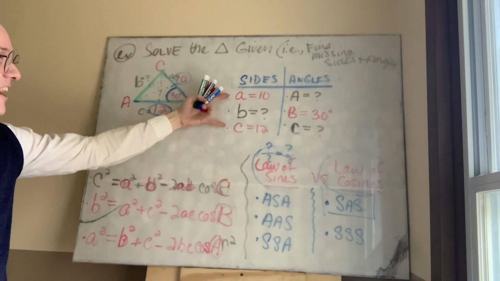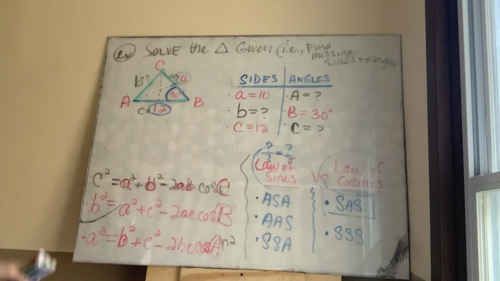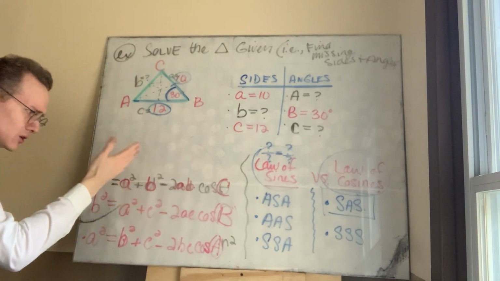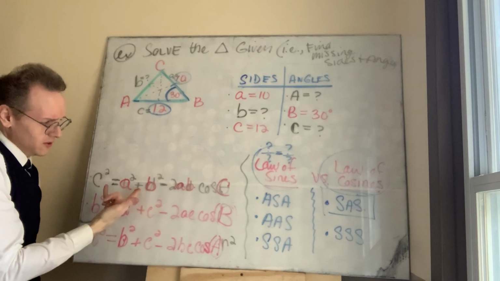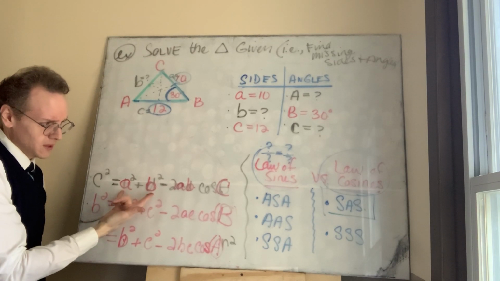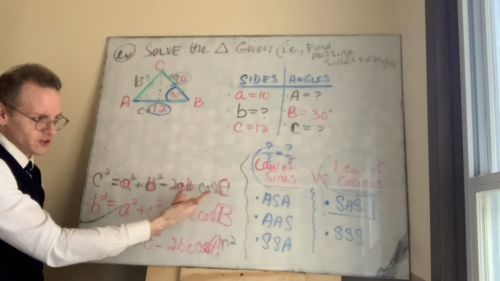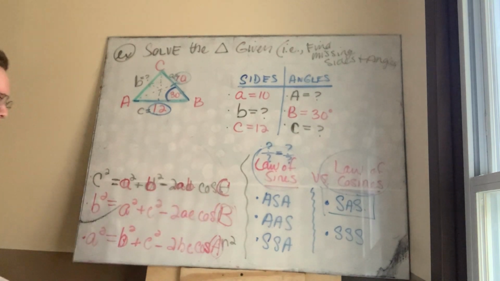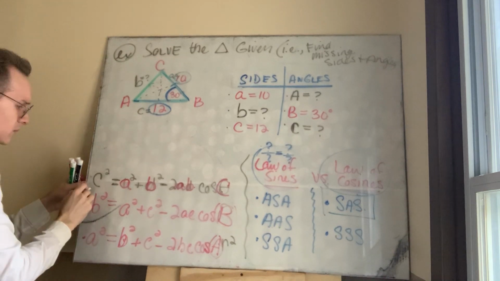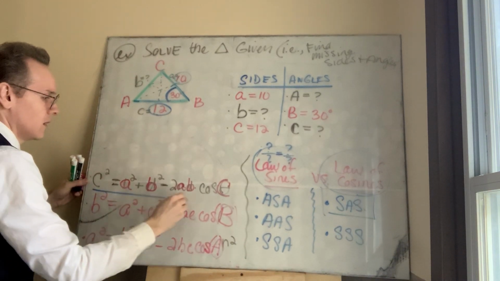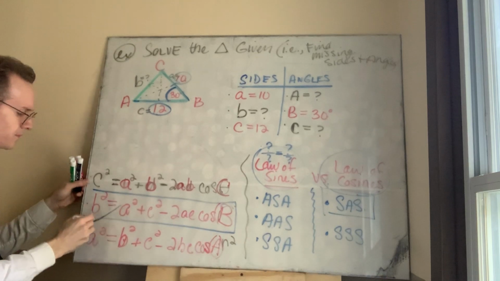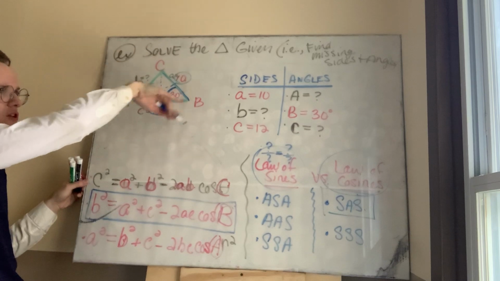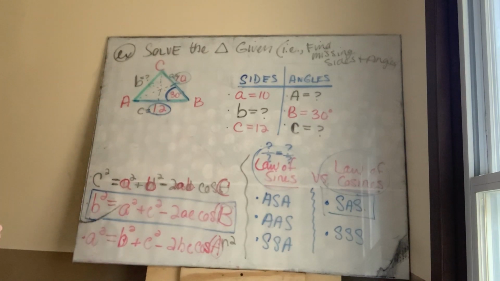If you have A and C, then let's go to the incarnation of this that incorporates A and C. They're really all, as you can see, just adding these two dimensions squared, multiplying those same two dimensions, and then the only thing that is different is that the angle is the C angle. I would go with this for right now, just because it emulates the labeling of this particular triangle most closely.